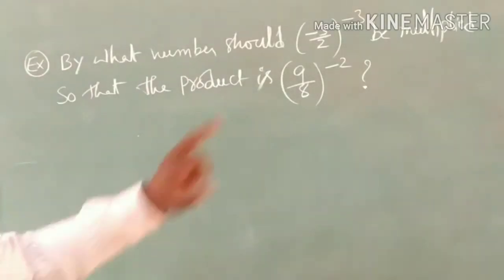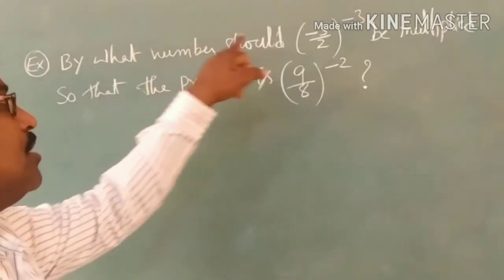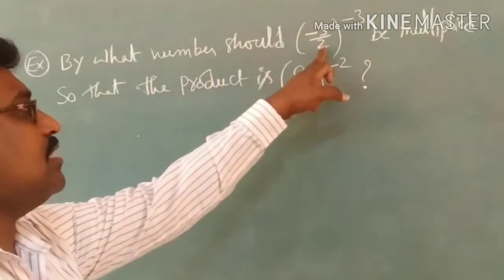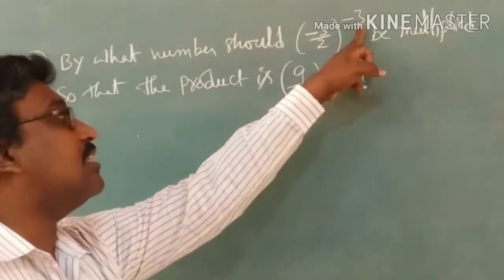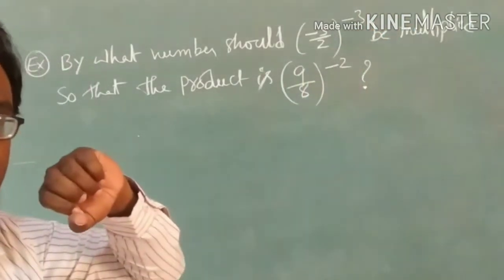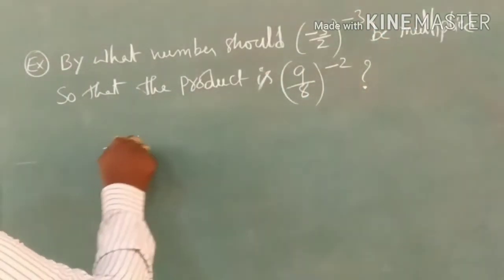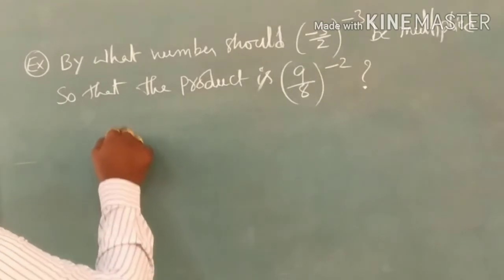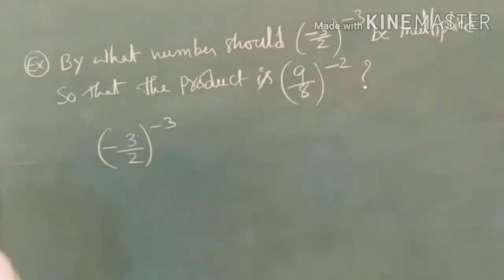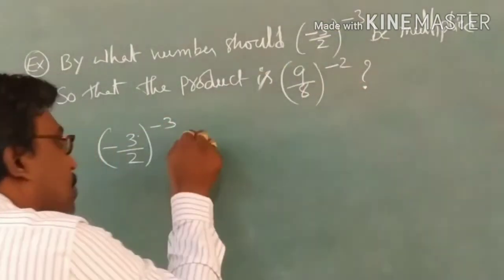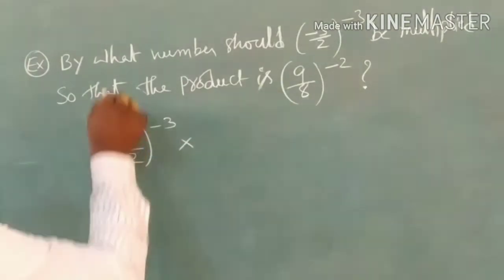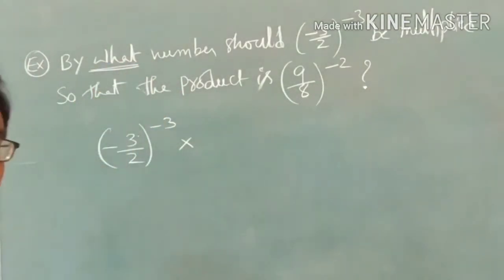What number should minus 3 by 2 whole to the power of minus 3 be multiplied by? What number?